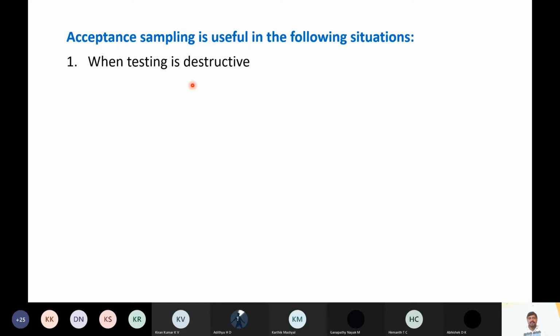Suppose you go for 100% inspection where the testing is destructive, nothing will be left after inspection. That is the problem. You are destroying all the components. In this case, we don't have any other option. So we should subject only a few components to destructive testing, because we don't get them back. They will undergo failure during testing itself.